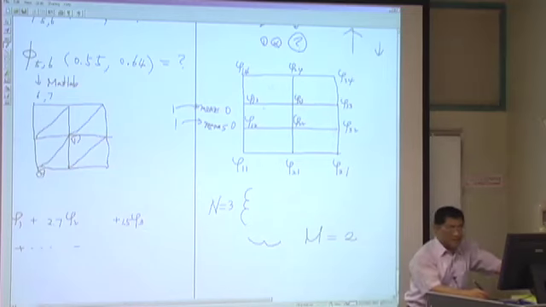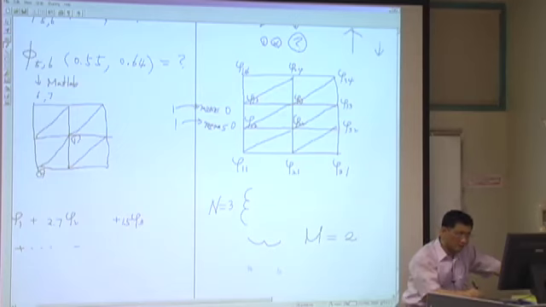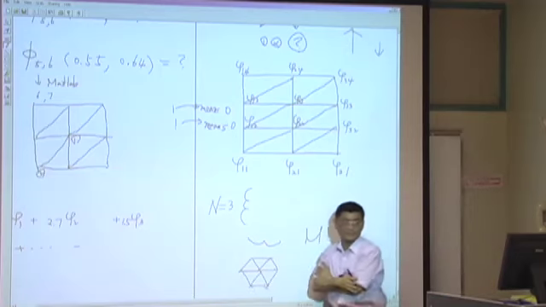Then the next thing is, of course, we design this way, but it is not the only way. If you don't like it, in fact, in the past, I assigned this with this kind of regular triangle nodes. So in fact, I assigned this kind of thing too in the past.